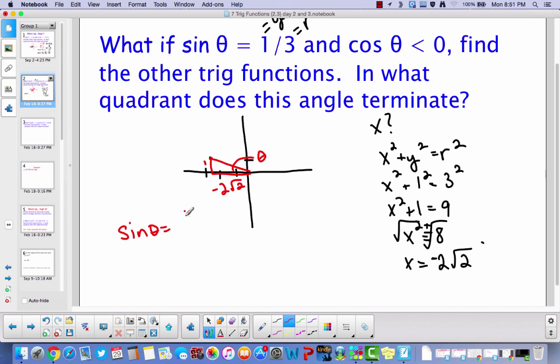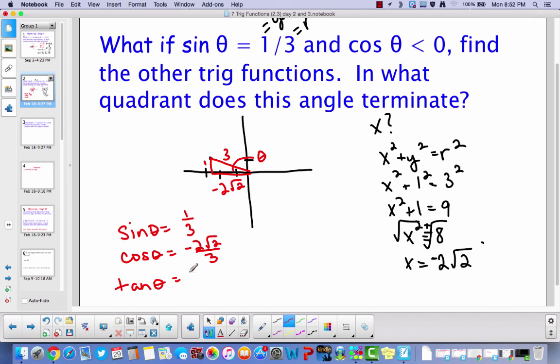Sine of theta we know is 1/3. Cosine of theta, remember, is x over r, and our radius here, I forgot to put that in, is 3. So negative 2 square roots of 2 over 3. Tangent is either y over x or sine over cosine.